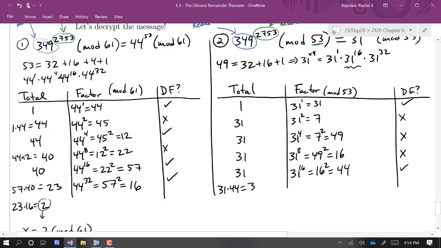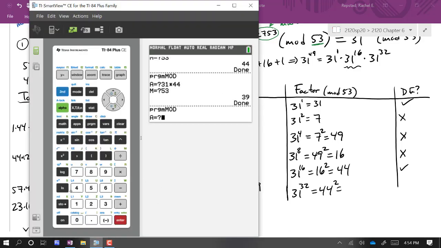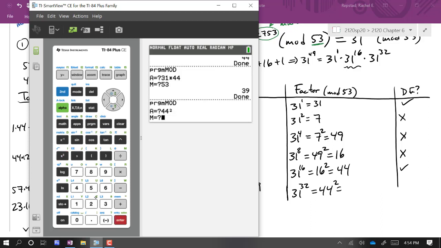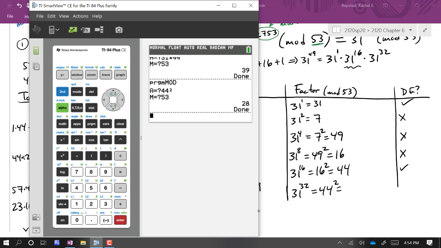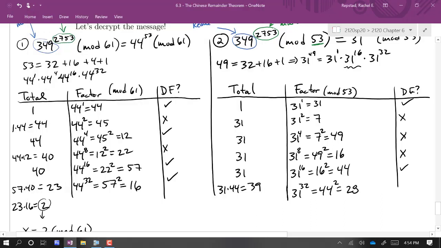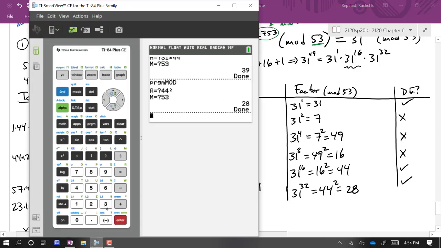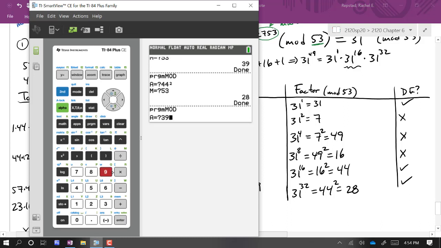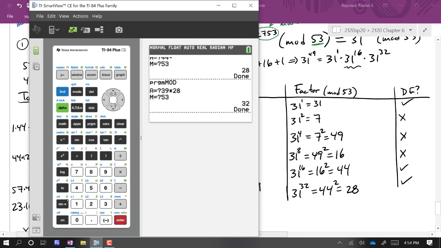is 39. And then now our last factor, 31 to the 32 power, is 44 squared, which is 28. This is desired. 39 times 28 is 32.